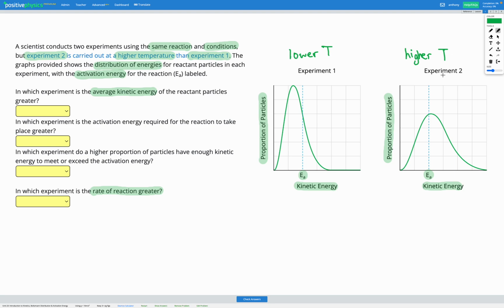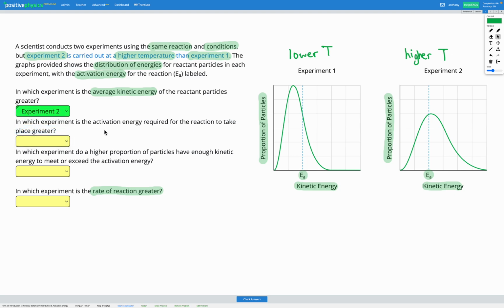So we already know that experiment 2 is going to be the one with the higher temperature and the higher kinetic energy. But also looking at our graph, as we mentioned, the peak is further to the right. So we can see that experiment 2 has a higher average kinetic energy than experiment 1, just because that peak is shifted to the right to the higher kinetic energies. So the answer to the first question here is going to be experiment 2.